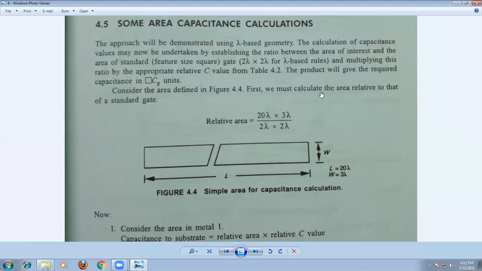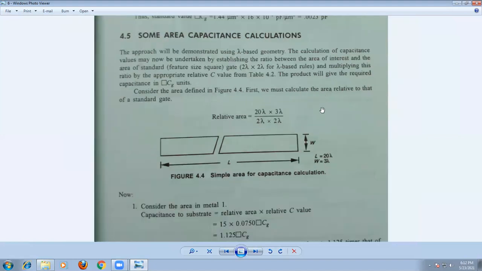Now let's see how to calculate this area, that is a standard unit value. What is the 1 square CZ for this layer? What is the capacitance value in square CZ? We'll discuss that now. Let us assume that we have a layer like this.